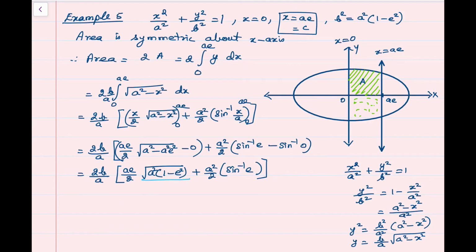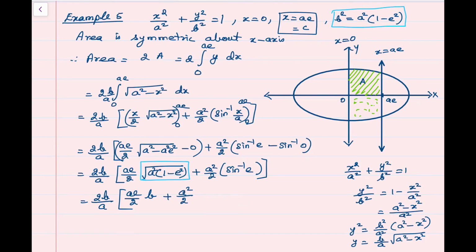This is given as b in the question. See here, see the first line, b square is a square times 1 minus e square. Therefore, we get 2b by a times ae by 2. This becomes b. We may give the answer in terms of b or in terms of e also, you may write.